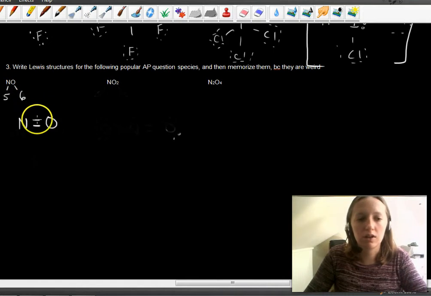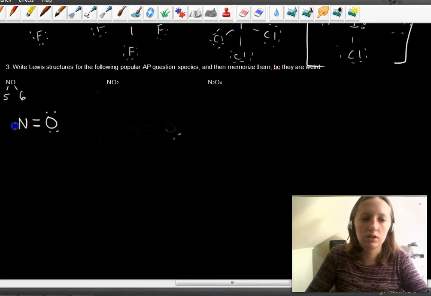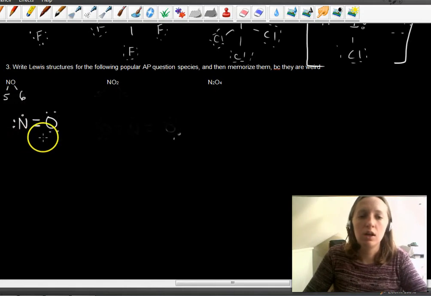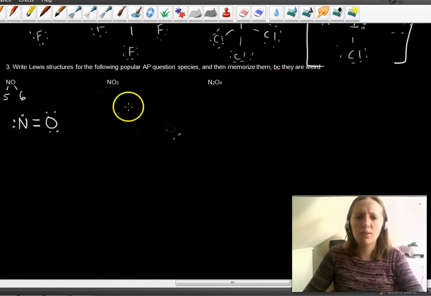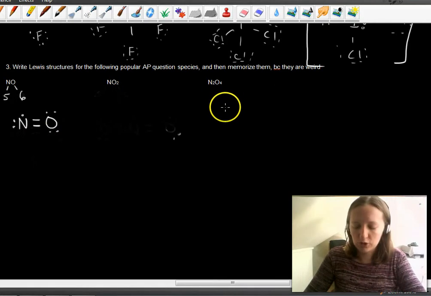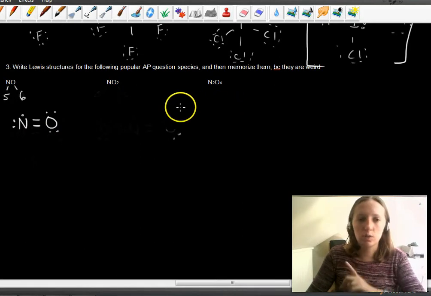So oxygen is going to have 2, 4, 6, 8, but nitrogen is going to have 2, 4, 6, 7. So that we have a total of 2, 4, 6, 8, 10, 11 electrons. So nitrogen has this lonely little electron here, which makes this a pretty reactive species. This one is odd, and so I would recommend memorizing it. The next two are actually related to formal charge and resonance structures, so we will get to them later.